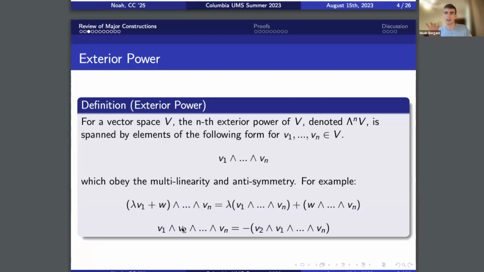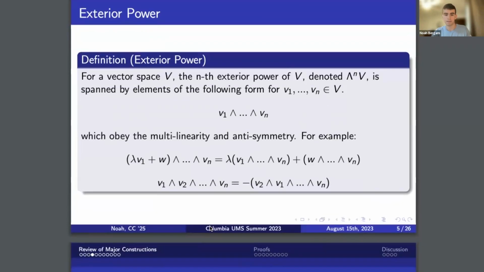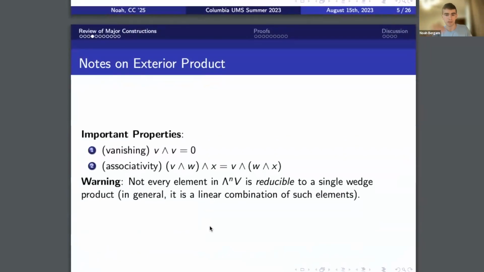So then we can use the idea that any permutation can be split into its transpositions, and then I can get a sign very easily from any permutation of the wedge product. The important properties that come out of this are, one, it has to vanish if you have V wedge V. So any repeat in the wedge product will create zero, because it has to be the negative of itself. And you also have associativity pretty easily.